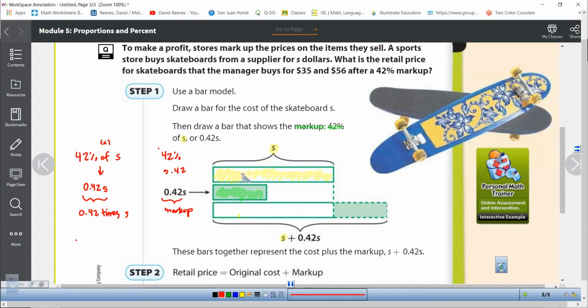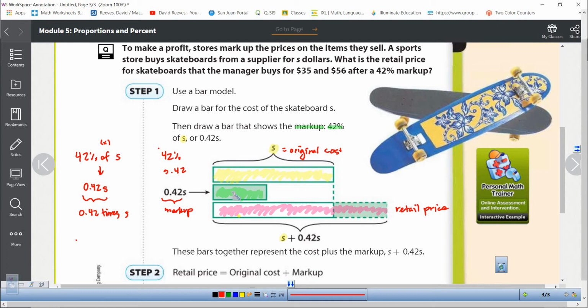This right here represents the original cost. And this entire thing here, all of that put together, represents the selling price, or what they call the retail price. That's the price you're going to pay in the store.